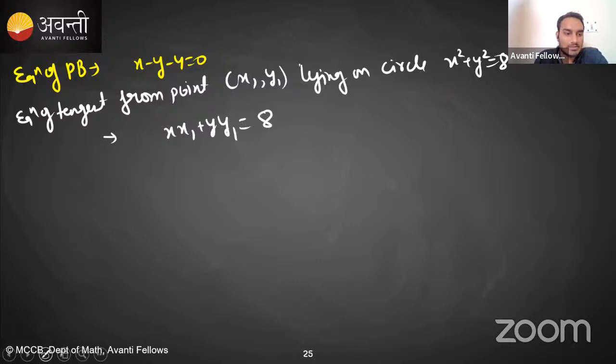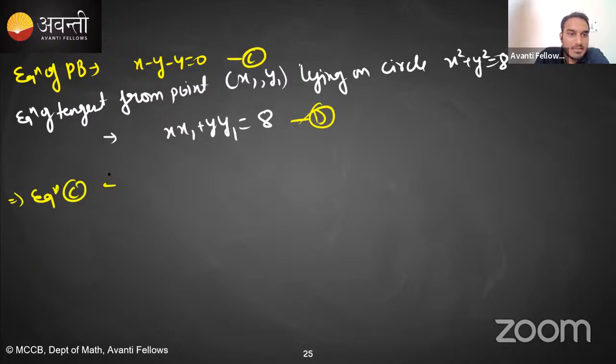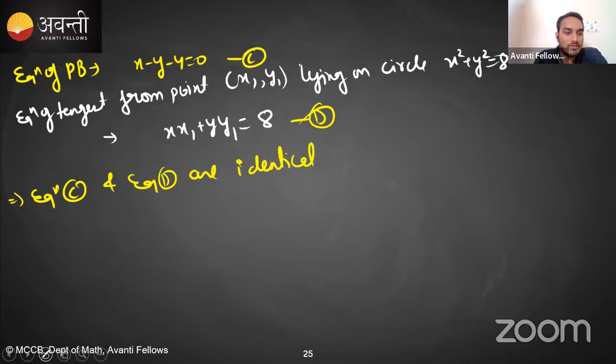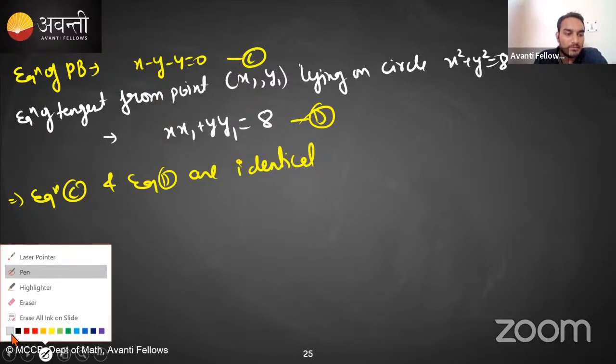Yes or no? So let's say this is equation C and this is equation D, right? So equation C and equation D are identical, right? So the ratio of the coefficients should be equal.